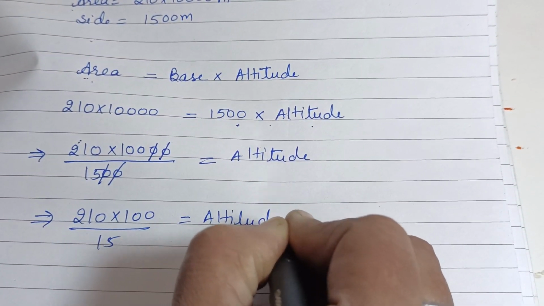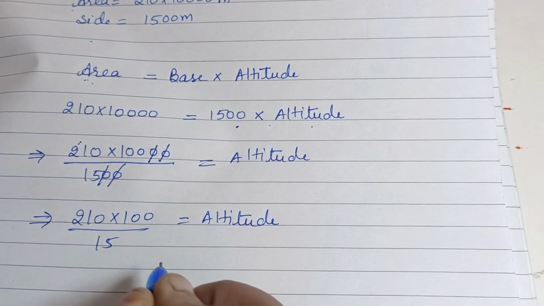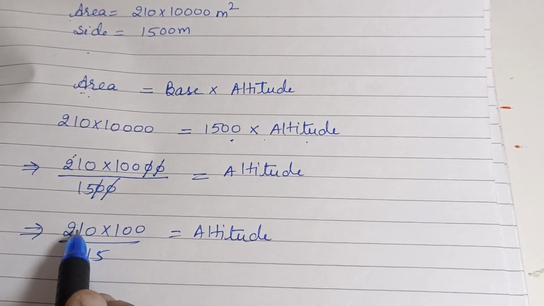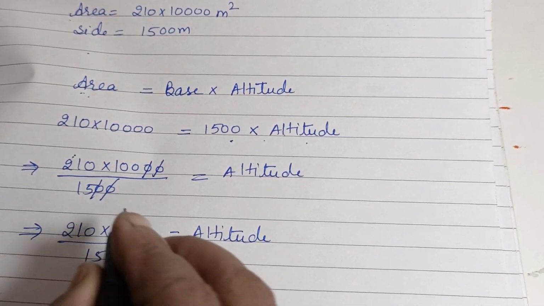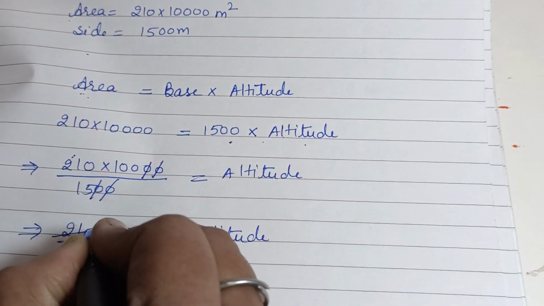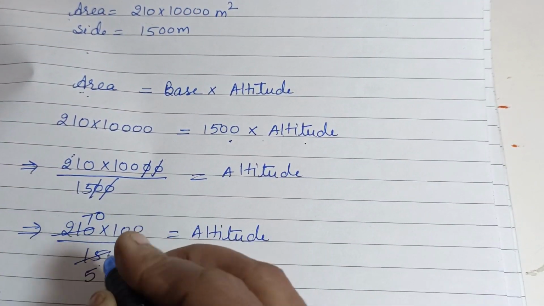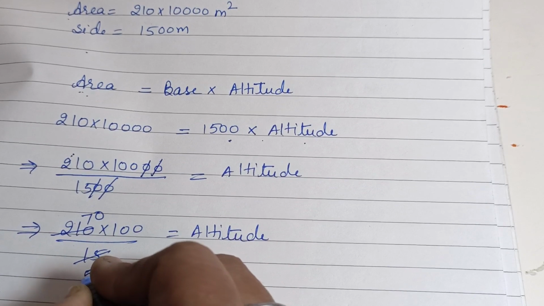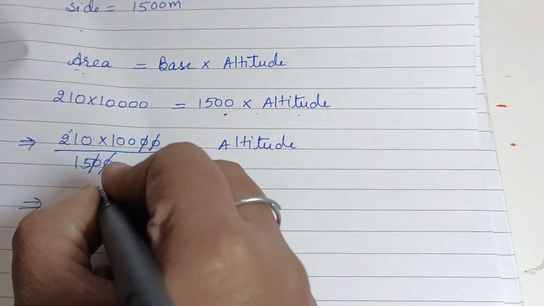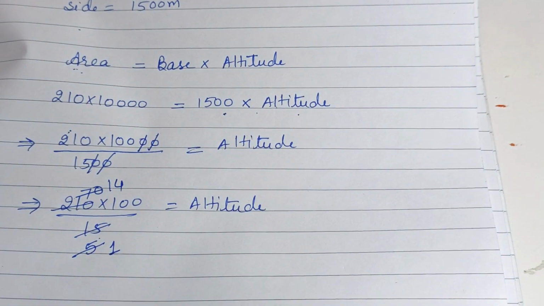Now use the cutting method. Don't first multiply and then divide. Do the cutting method. See, 210 and 15, both of them are divisible by 3. Now 5 ones are 5, 5 14s are 70.